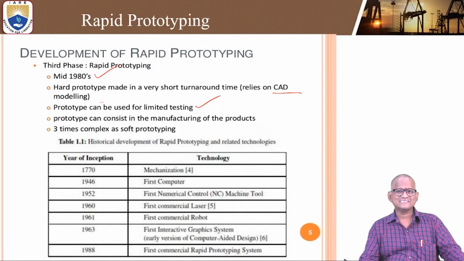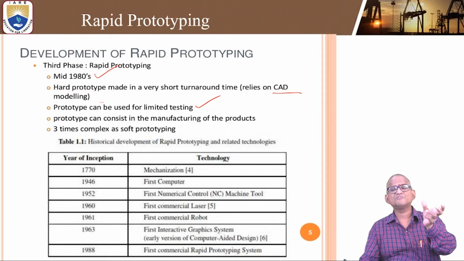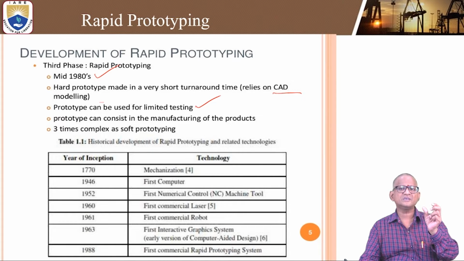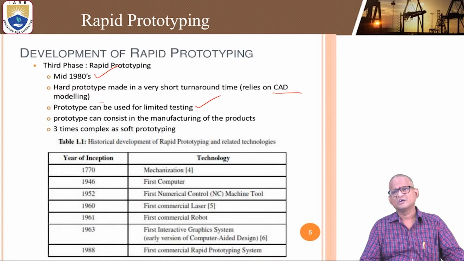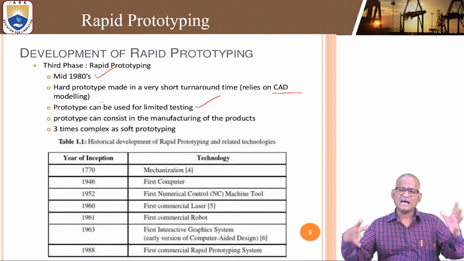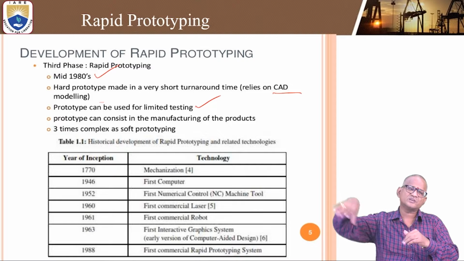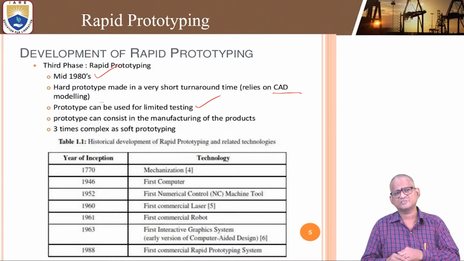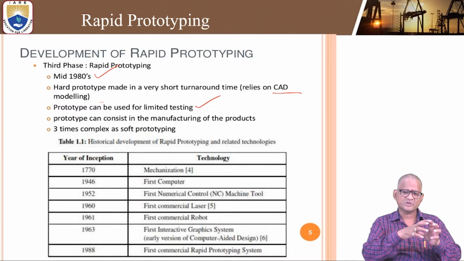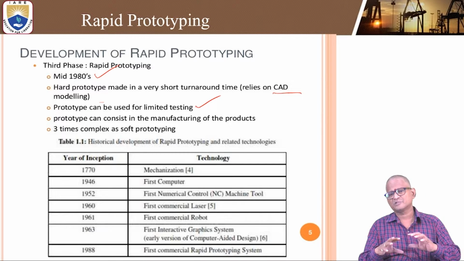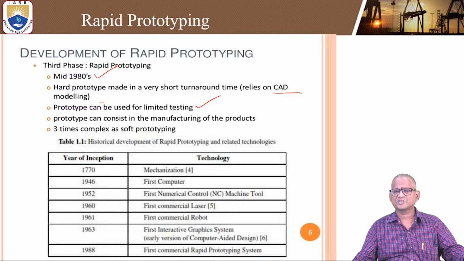And prototypes are used in the manufacturing of products. Even if you take a Hyundai car, Audi car, or Benz car, they are all assembled. Parts are supplied by ISO standard companies. One company prepares the bumper, one the cabin, one the suspension system.